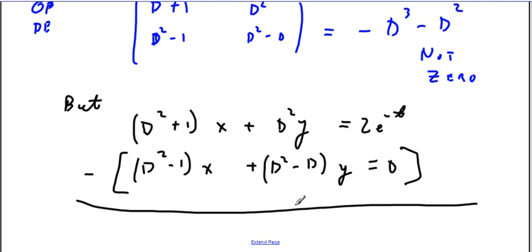Well, it looks like I get 2x minus Dy is equal to 2e to the minus t.